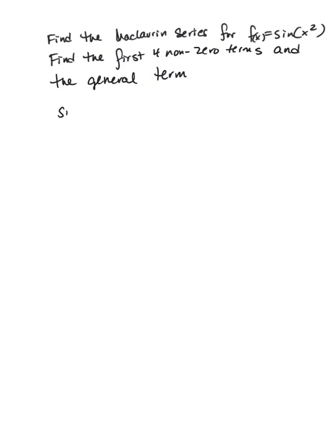So first we write the Maclaurin series for sine x, which is x minus x cubed over 3 factorial, x to the 5th over 5 factorial, negative 1 to the n, x to the 2n plus 1 over 2n plus 1 factorial, yada, yada, yada.